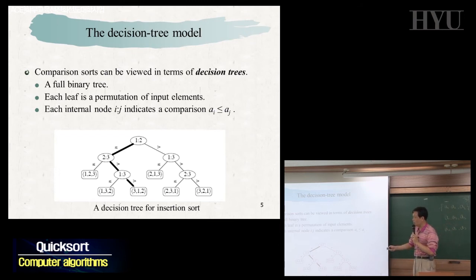And look at this symbol. It means less than or equal to. So it means A1 is less than or equal to A2. So in this case, A1 comes before A2. In all the results, 1 is before 2.